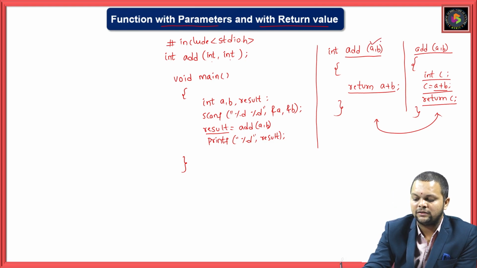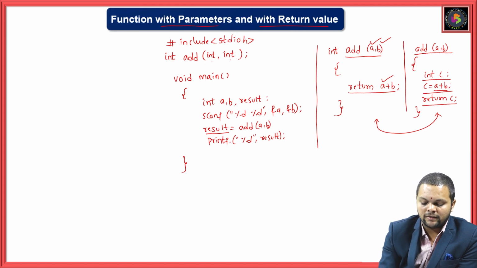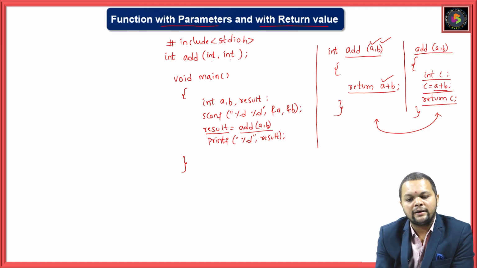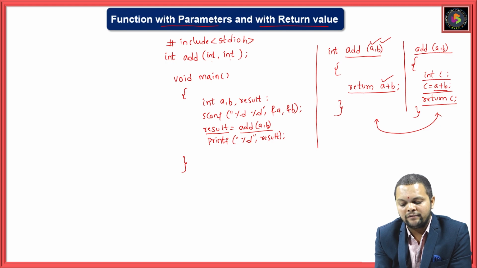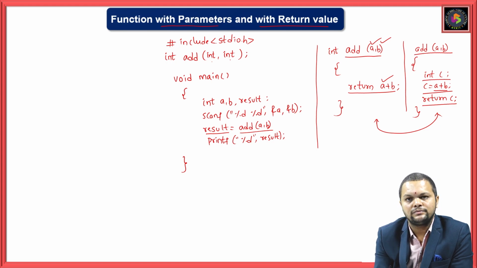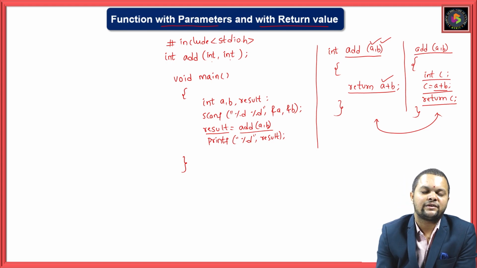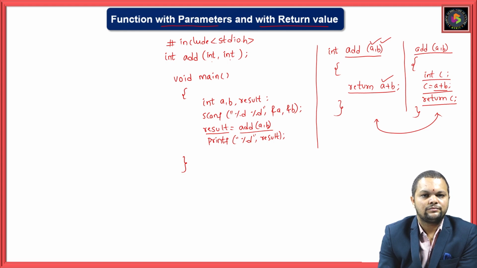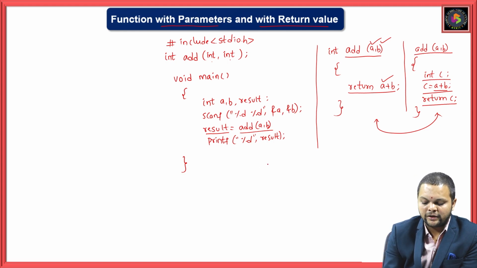We have parameters here, and we have a return value for this function. We are getting that return value using add a comma b into a particular variable, and we are printing that variable. So these are the classification of functions. First, make sure that you give the function declaration.